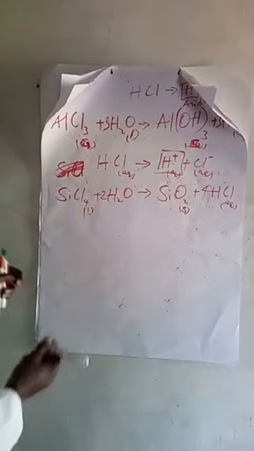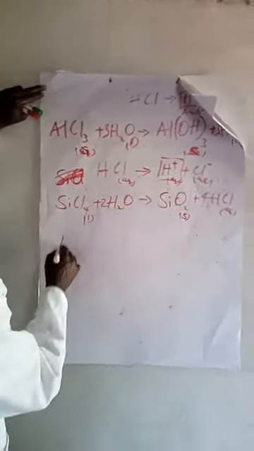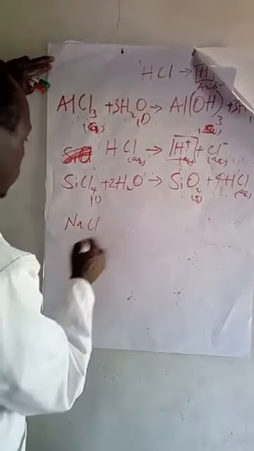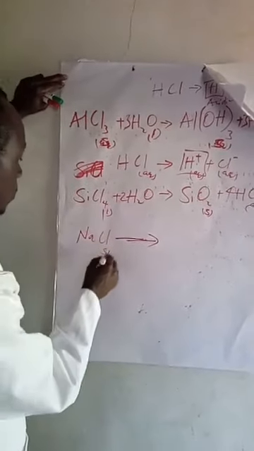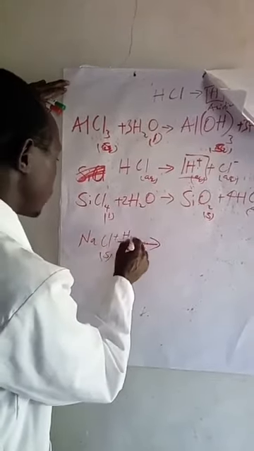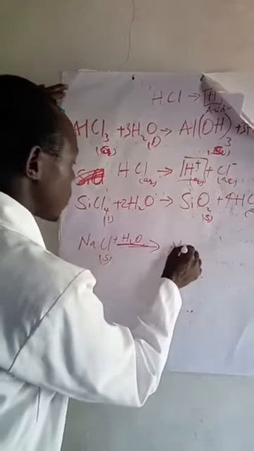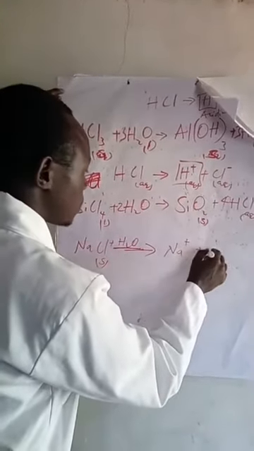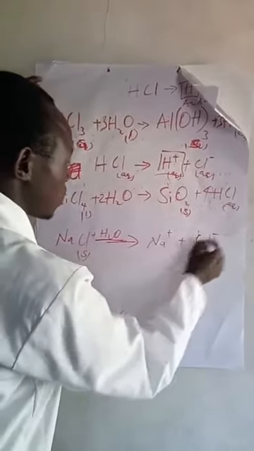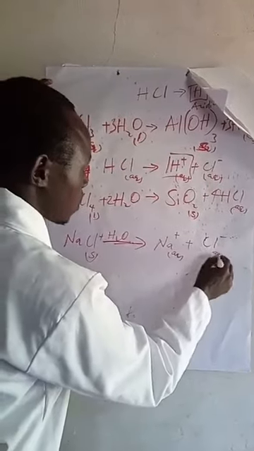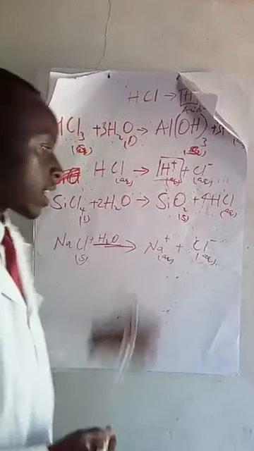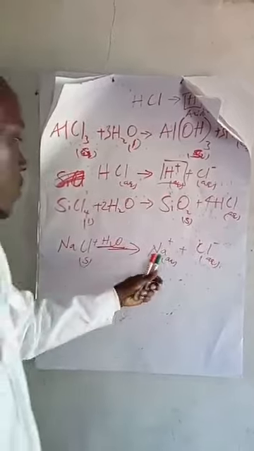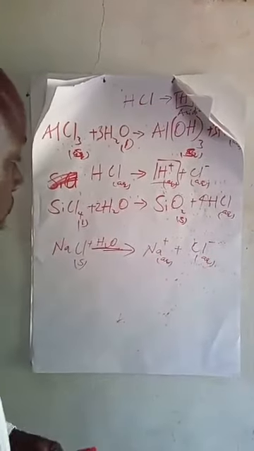Okay, for sodium chloride and magnesium chloride, because they are ionic compounds, when they are dissolved in water, you will have sodium ions and chloride ions, and similarly for magnesium.